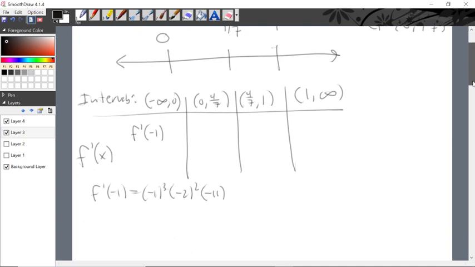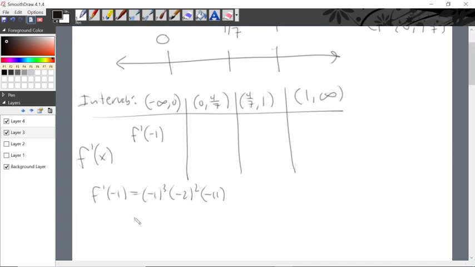We just need to know if this is positive or negative. That's all we're after here. -1 cubed is negative. Negative squared is positive, and then this is negative. A negative, positive, negative outputs a positive. So f prime of -1 is greater than 0. Therefore the function is increasing on this interval. So f is increasing from negative infinity to 0.